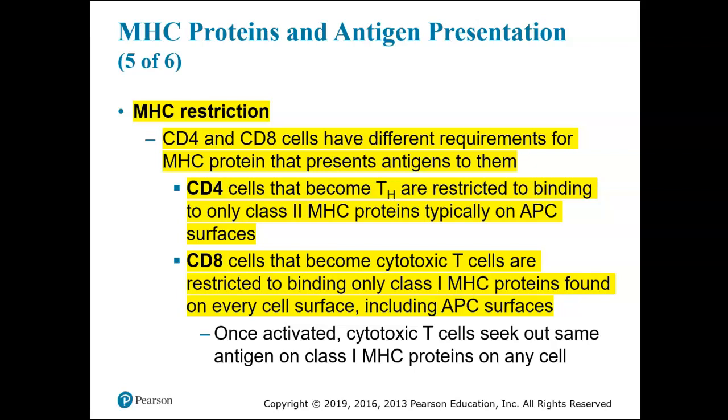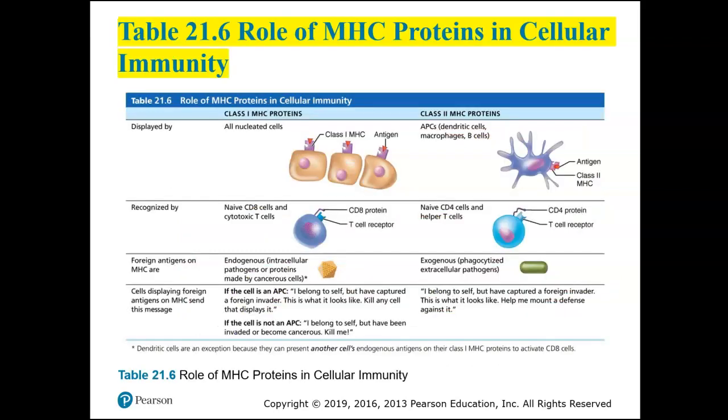CD8 cells that become cytotoxic T cells are restricted to binding only class 1 MHC proteins found on every cell surface, including APC surfaces. So that's important to remember, class 1 can be found on every cell surface, including an APC, whereas class 2 is only going to be found on antigen-presenting cells.